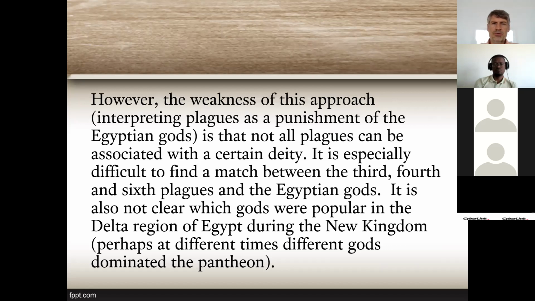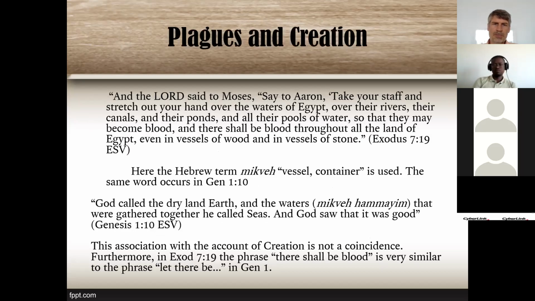That is why it's very difficult to find a correspondence between each plague and each god. But the idea in the Bible is that it was not only a punishment for Pharaoh, but also a demonstration of who is the true God.